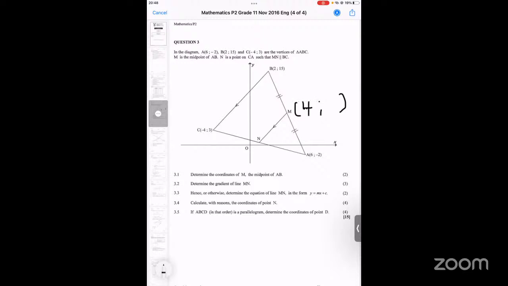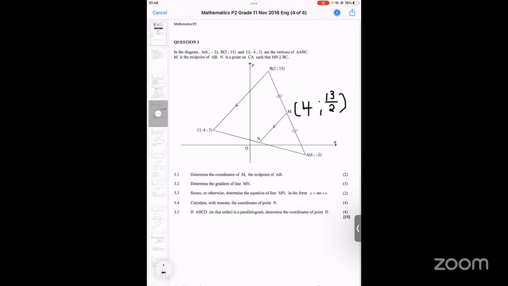Then you take your 15 minus that, and divide it by 2, which gives 13 over 2. I believe this should be our coordinate. Do you guys agree with me on that one? Yes, sir.